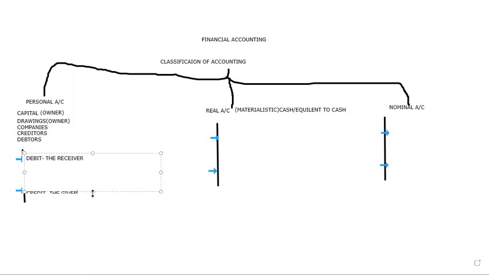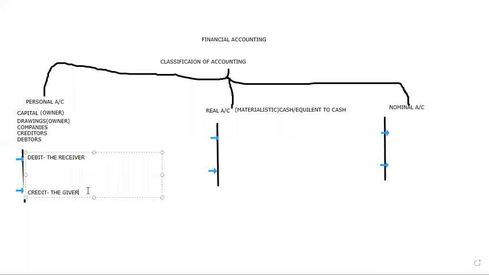So this is the first thing we are going to go for, and this is the way we are going to record. First and foremost, regarding personal, I'm going to record in this manner. What is that?